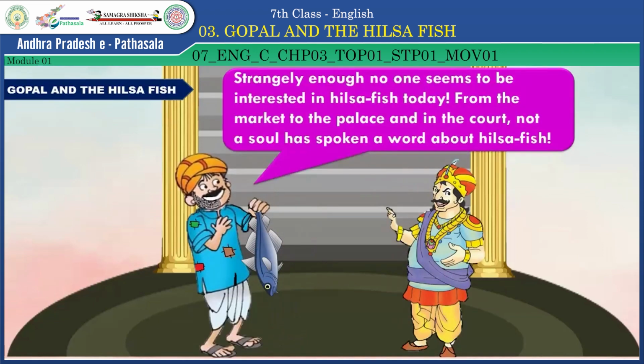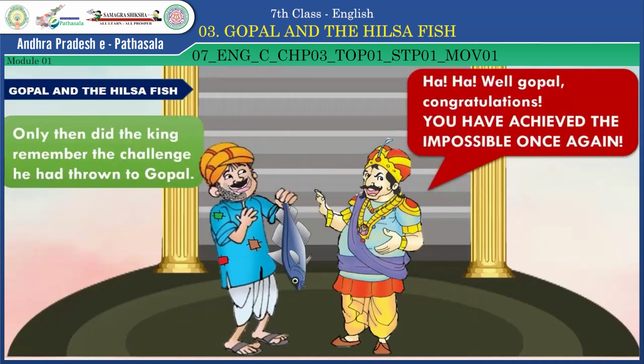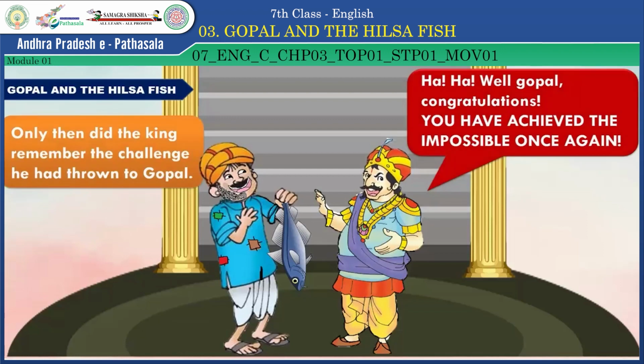"Strangely enough, no one seems to be interested in hills of fish today. From the market to the palace and in the court, not a soul has spoken a word about hills of fish." Only then did the king remember the challenge he had thrown to Gopal. "Ha ha ha ha! Gopal, congratulations! You have achieved the impossible once again."